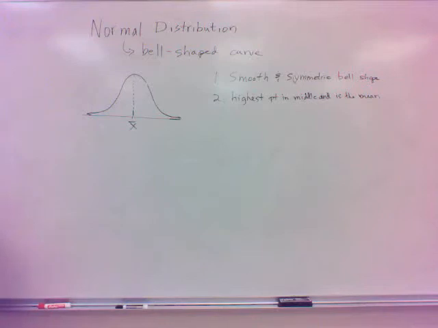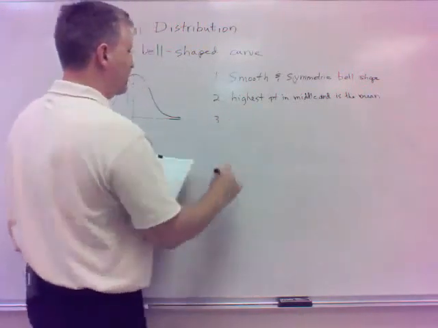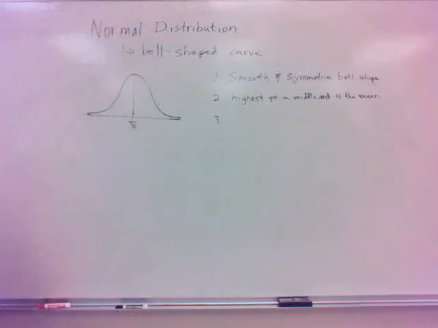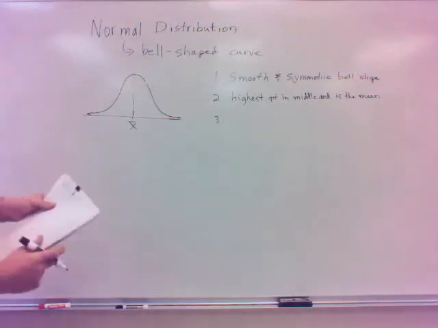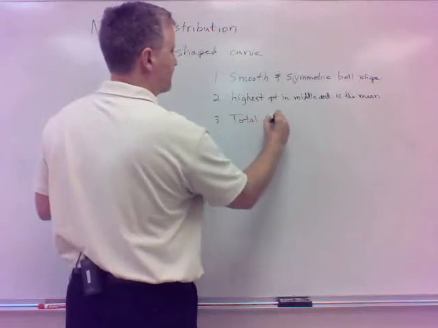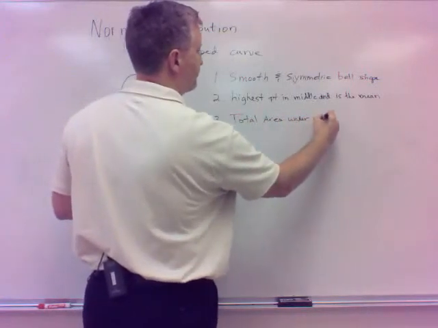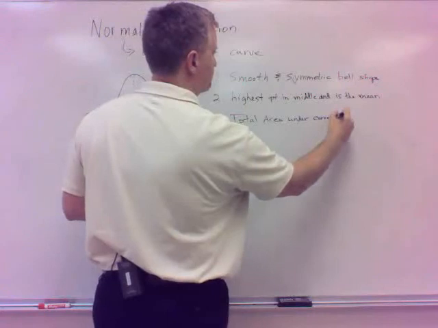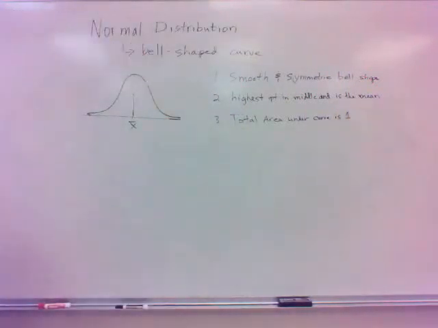And then one other point: we're going to be talking a lot about percentages of values under the curve. Just point out here the total area under the curve is 1, or 100%.